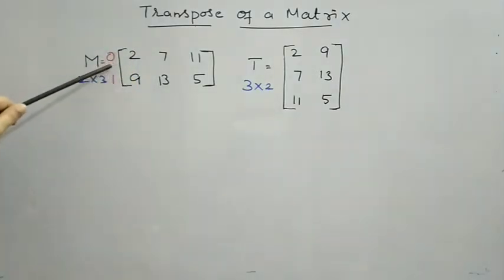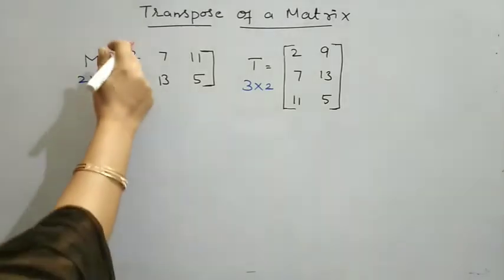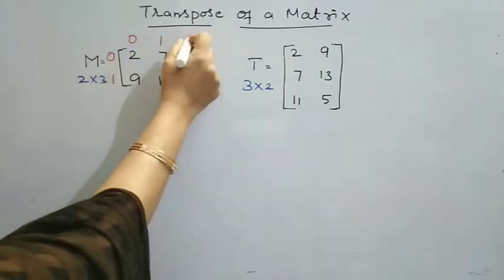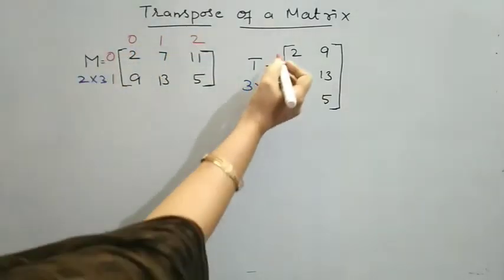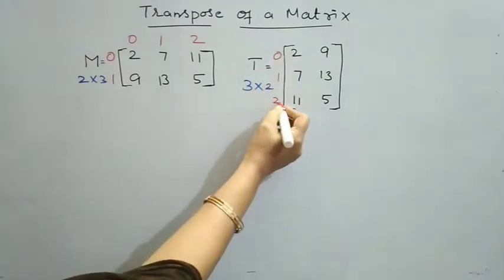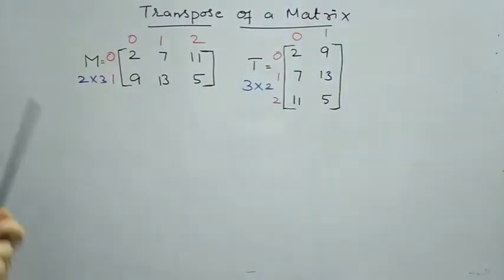The index of the first row is 0, the index position of the second row is 1. Like that, if you mark the index position of columns, it is 0, 1 and 2. In the output matrix T, the index position of rows ranges over 0, 1 and 2. The index position of the columns is 0 and 1.